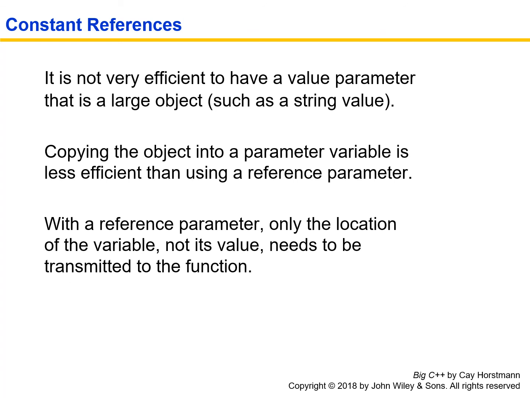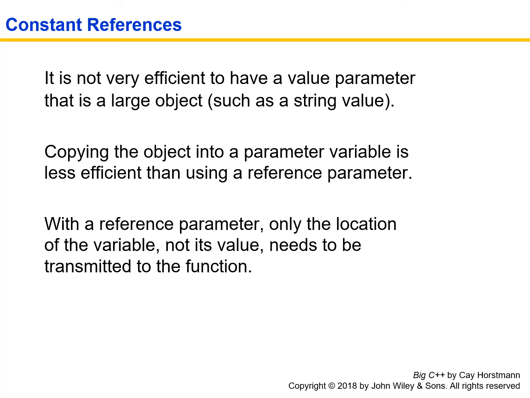Reference parameters are also very handy because when we start passing large objects, strings, vectors, structs, and objects that we'll get to in future lectures, copying that whole object into a parameter variable costs computer time and memory. It's less efficient. Using a reference parameter, you're just passing the address, the memory location of the variable, so it's much faster and more efficient.